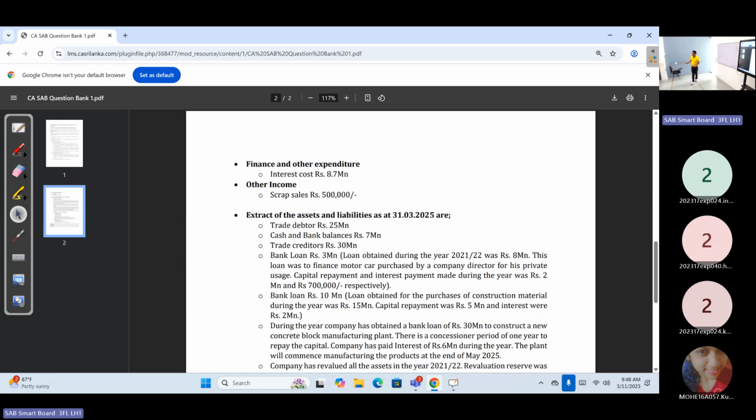Therefore, from the tax point of view, how we should do that adjustment: we add back the entire expenditure. Thereafter, we can deduct whatever amount we can deduct for that period. Right? 8.7 million.